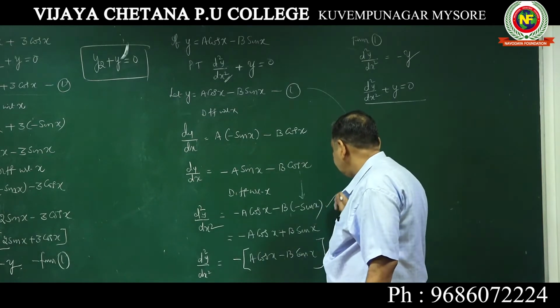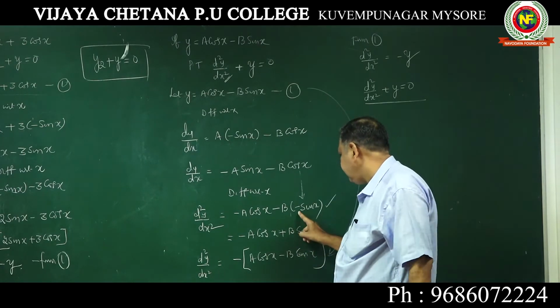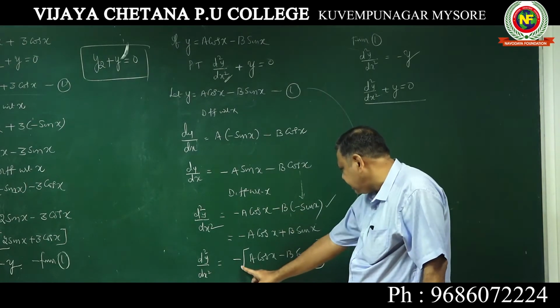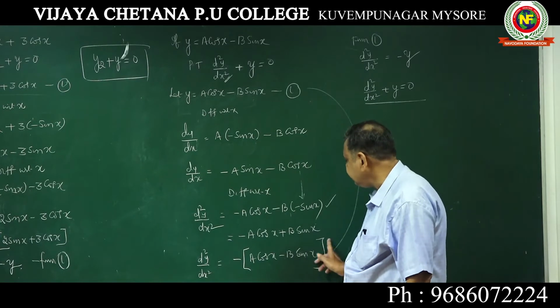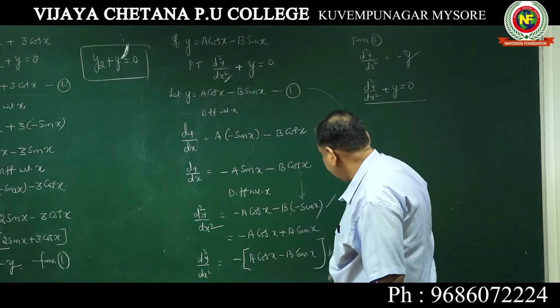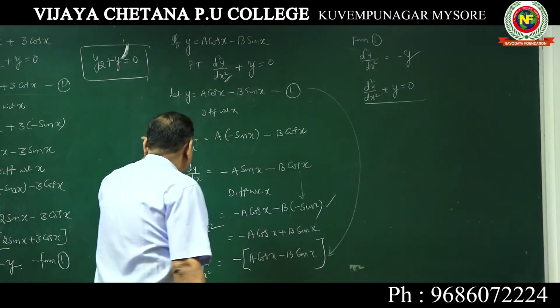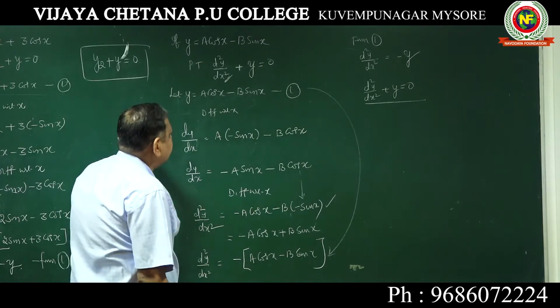Here it is minus sin x, minus a cos x and minus into minus plus b sin x, minus outside, a cos x minus b sin x. This is nothing but y. From 1 it is minus y, d square y over dx square. Suppose they ask y1, write this as y1, this as y2, so y2 plus y is equal to 0.